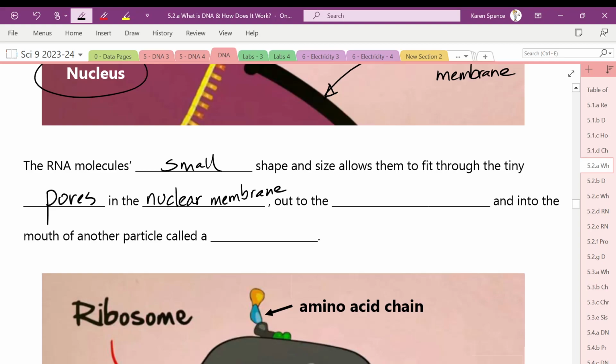And they can fit through there and they go out into the cytoplasm. And from there, once they are in the cytoplasm, they go and find themselves a particle called a ribosome. Remind me, what does a ribosome do? Tell your partner, actually, what does a ribosome do?